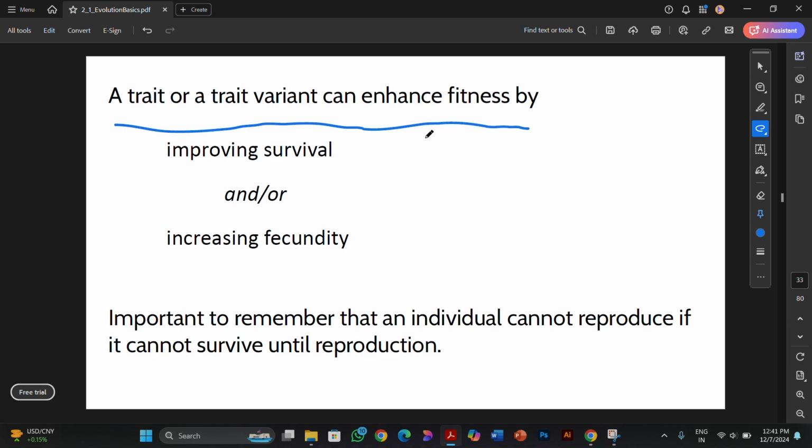Now, a trait or a trait variant can enhance fitness by improving survival, or there is another way, increasing fecundity. Even if you don't survive, if you can produce many offspring during your reproductive age, then you are more fit than the one who is strong and large but cannot reproduce.